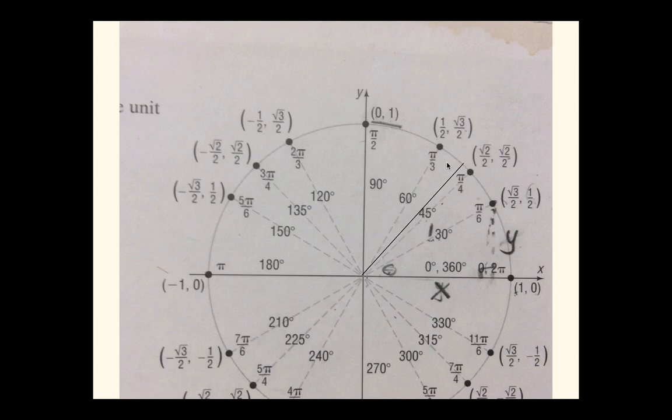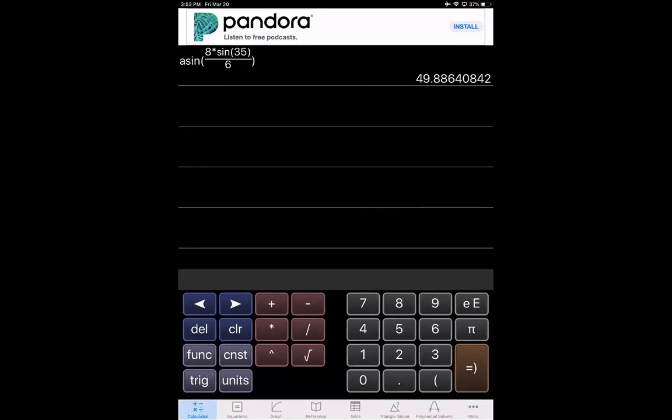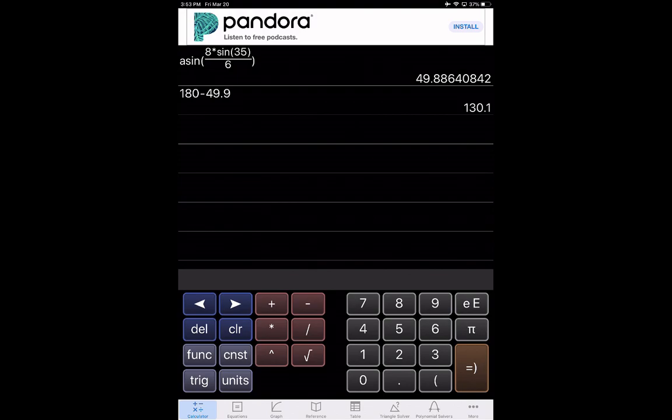If I go across here, there's another angle that has the same y-coordinate. And the way you find that is just do 180 minus this angle. That's going to put me exactly where I need to be. So what's 180 minus 49.9? It's 130.1.